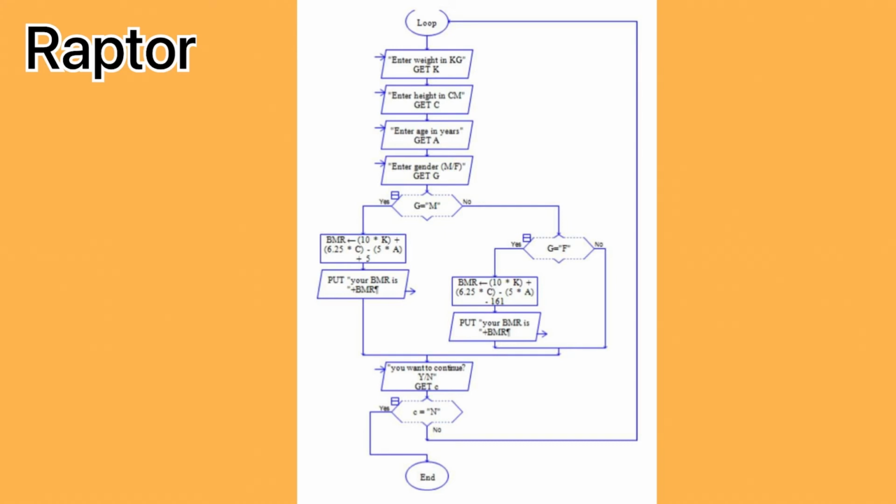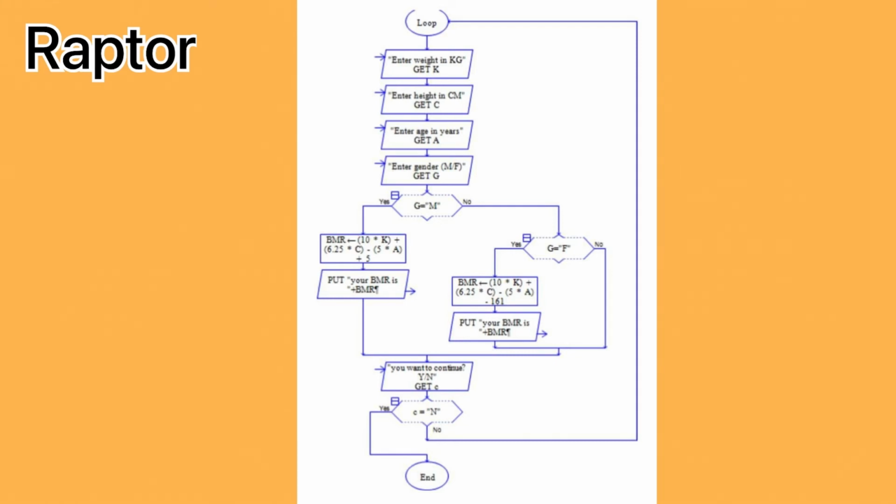So there, 10 times weight, plus 6.25 times height in cm, minus 5 times age in years, and then plus 5, and then it will go to the output shape of the box there. So put "Your BMR is" plus the BMR that has been calculated, or else it will go to the last output, which is displayed.